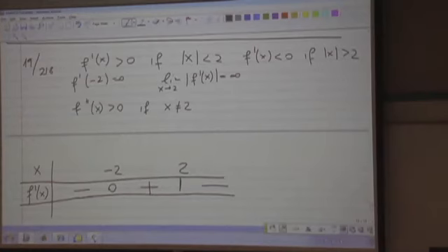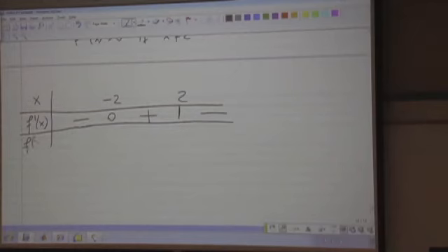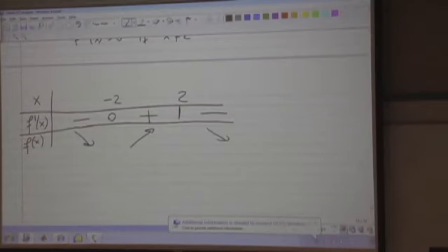So what do I know about my function then? It'll be decreasing, increasing, decreasing. Right? What else do I know? I know this is a minimum.